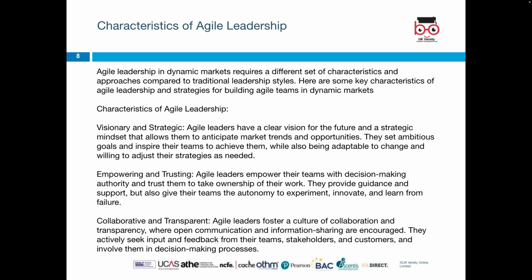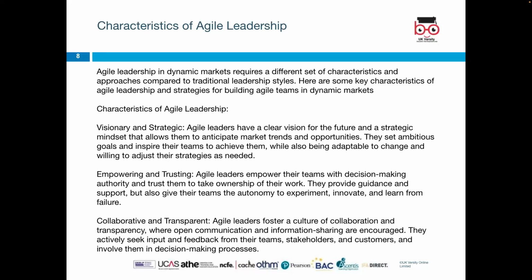The first one is visionary and strategic. Agile leaders have a clear vision for the future and strategic mindset that allows them to anticipate market trends and opportunities. They set ambitious goals and inspire their teams to achieve them, while also being adaptable to change and willing to adjust their strategies as needed.